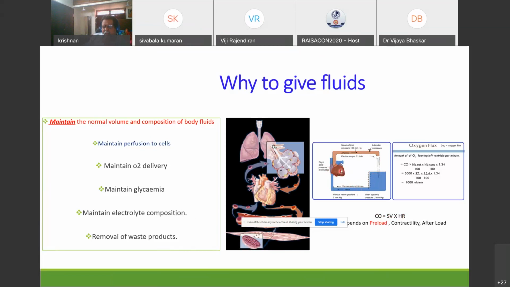If the heart is normal, not a failing heart, the more fluid or more preload you give, the more the stroke volume will increase and the more the cardiac output will increase. So in this particular class, we are going to deal with only maintaining the preload, or adjusting the preload to maintain the cardiac output. We adjust the preload by giving IV fluids.